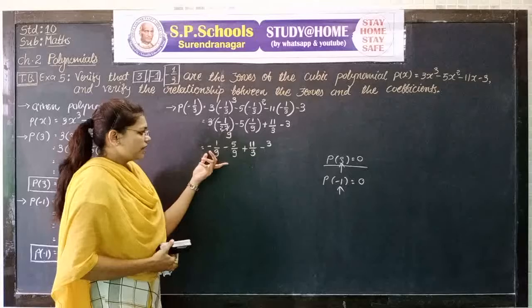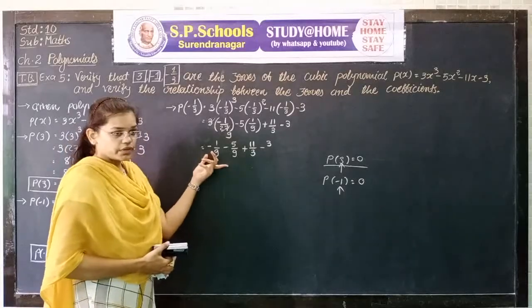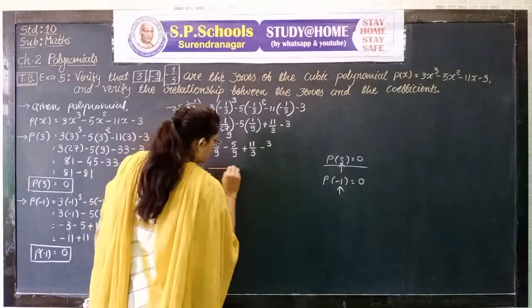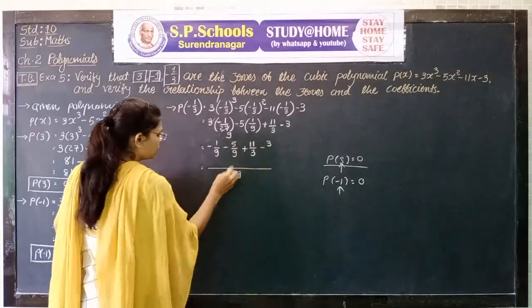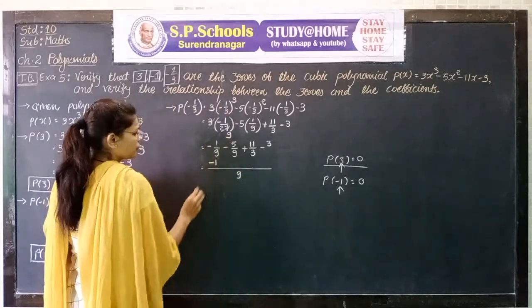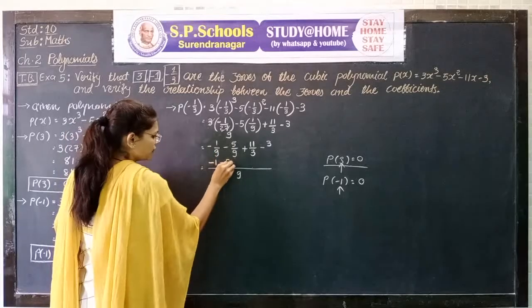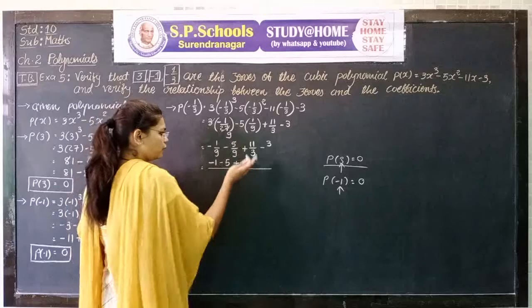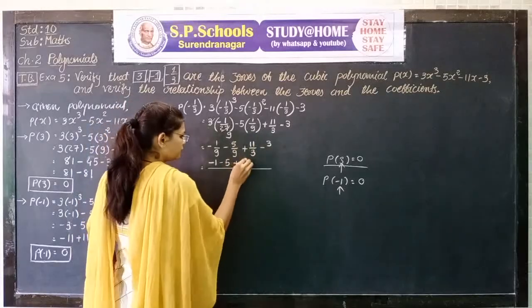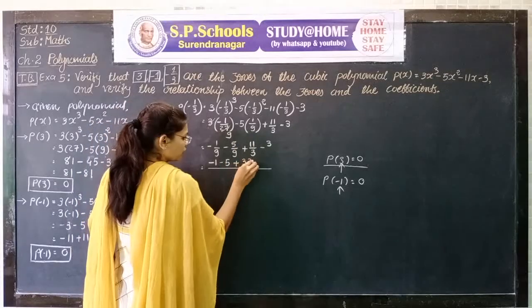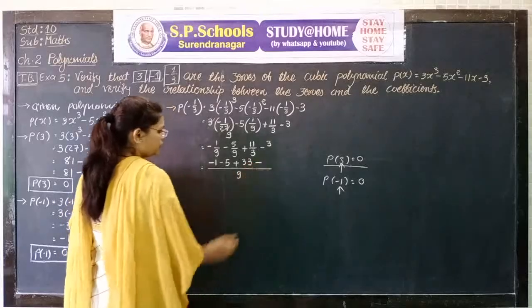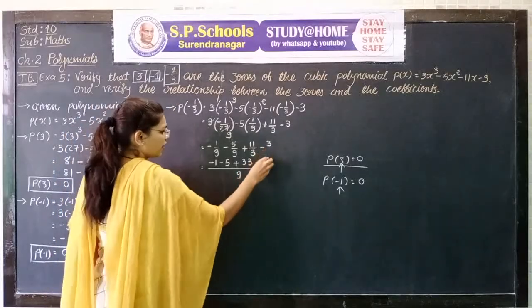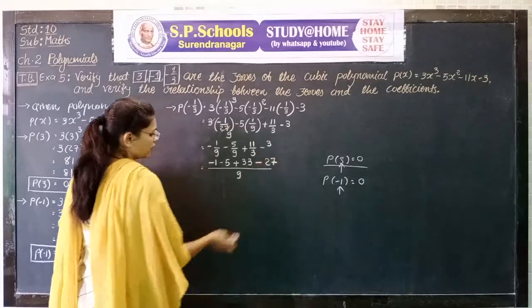To simplify these 4 terms we have to take the LCM, and our LCM is 9. That's why minus 1 as it is, minus 5 as it is, plus instead of 11 we have to multiply 11 by 3, 33, minus 3 multiplied with 9, 9 3s are 27.